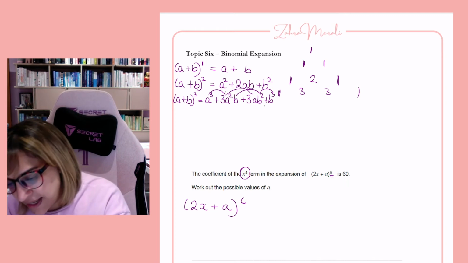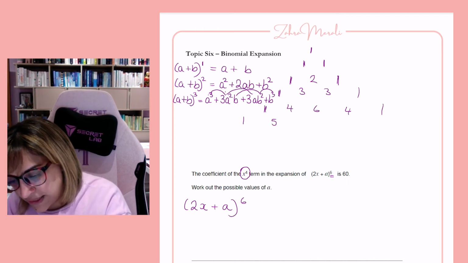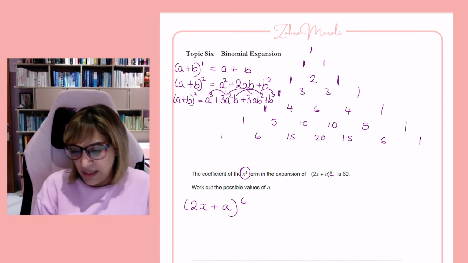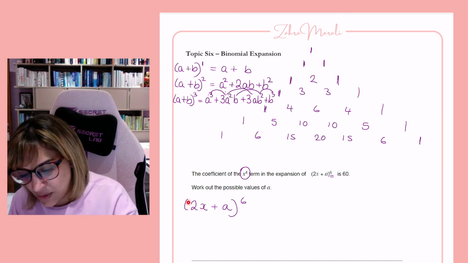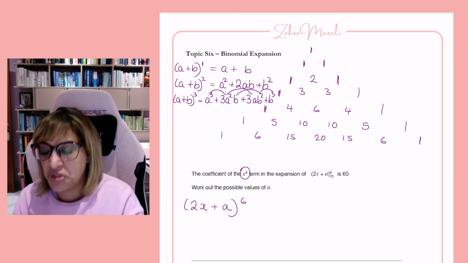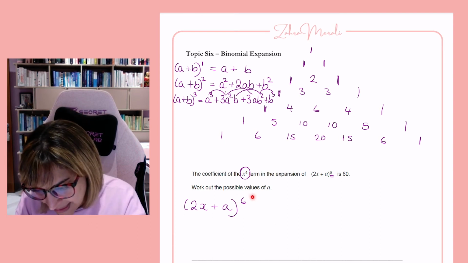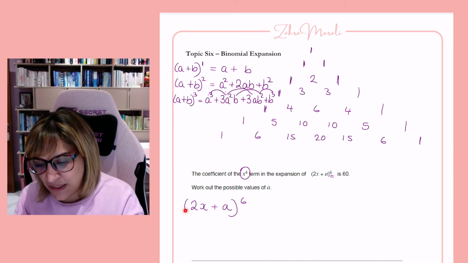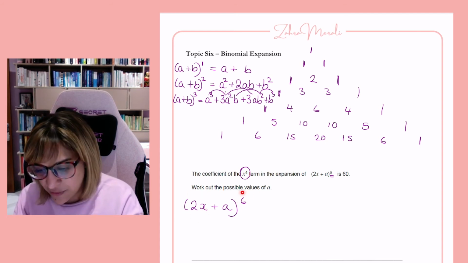So if we go all the way, 1, 5, 10, 10, 5, 1, then 1, 6, 15, 20, 15, 6, 1. In the very first term, this one here will be just (2x)⁶. Then it's going to be (2x)⁵, (2x)⁴.